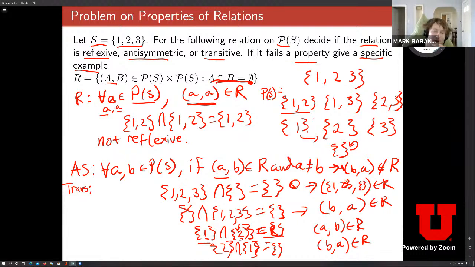So for every problem, just write down everything you know. We know the definition of transitive is that for all A, B, and C, am I writing too small?